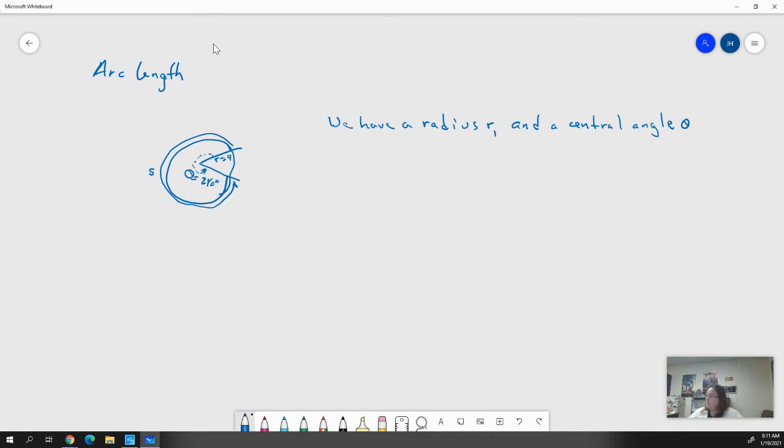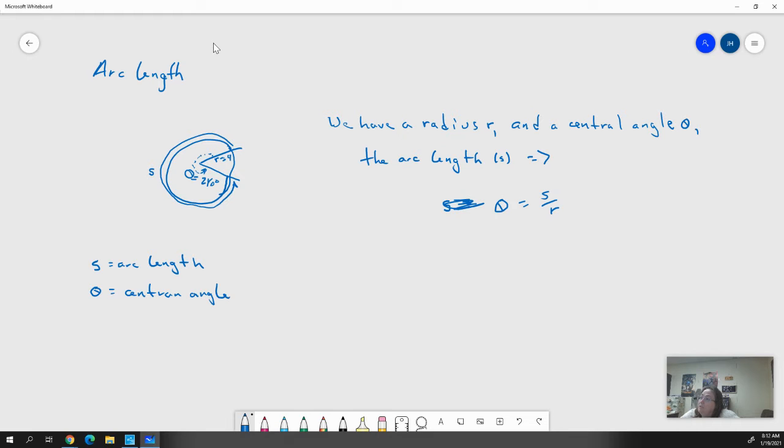And we're saying that the arc length, which we call S, is given by theta equals S over R. So considering what we have, S is our arc length, theta is our central angle.